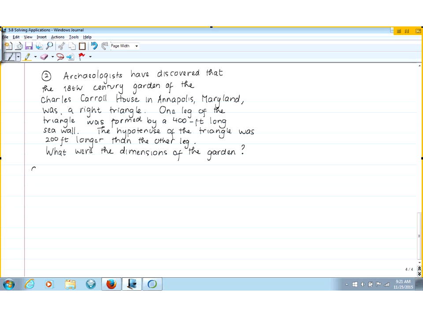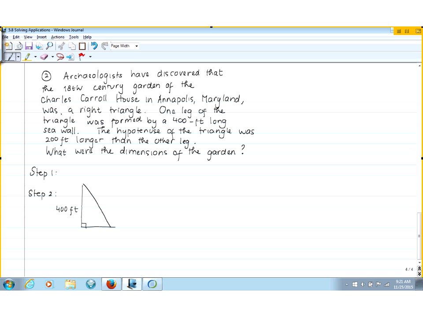So, what would you like to do here? Draw it first, right? What am I going to draw? Rectangle or what? Triangle? What type of triangle? Right triangle. Now, what do we know about this right triangle? One leg is 400 feet. So that's right. Which one should I label 400 feet? The hypotenuse? No, it's just the leg, right? 400 feet.